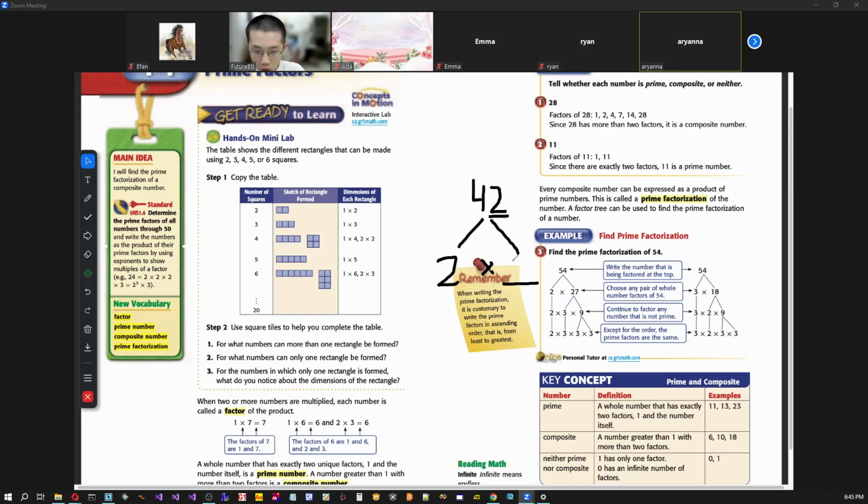Exactly. So 2 times 21 is 42. Is 21 prime or composite? Composite. So if it's composite, what numbers divide into it other than 1 and 21? 3 and 7. Thank you. It is indeed 3 and 7.